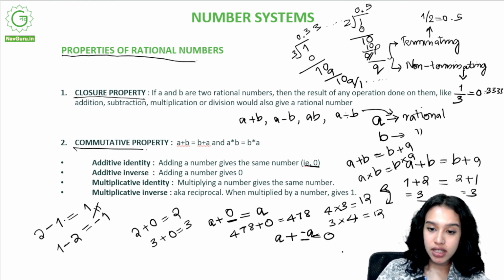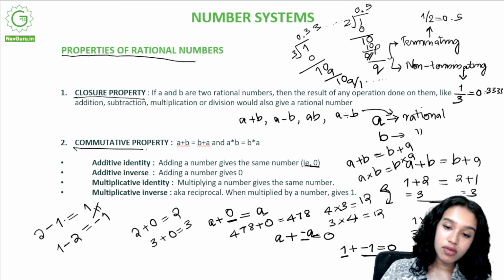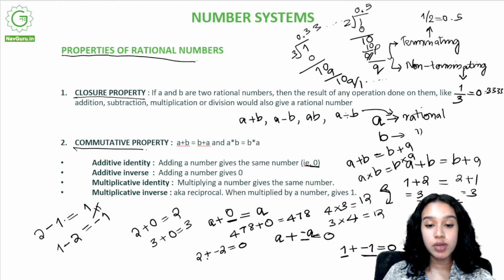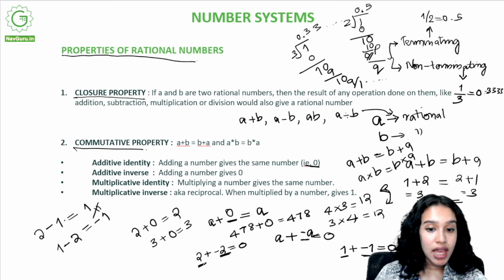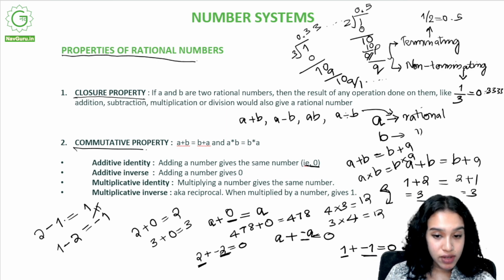So 1 plus negative 1 would be equal to 0, and negative 1 is the additive inverse of 1. So if 2 plus negative 2 equals 0, which means that minus 2 is the additive inverse of 2, and also we can say that 2 is the additive inverse of minus 2, because when we sum it up, we get 0.